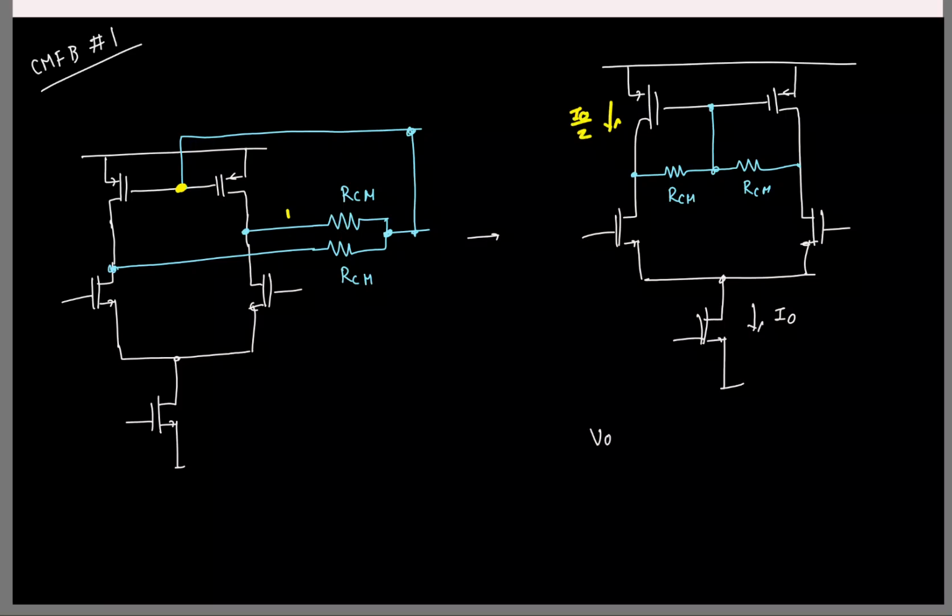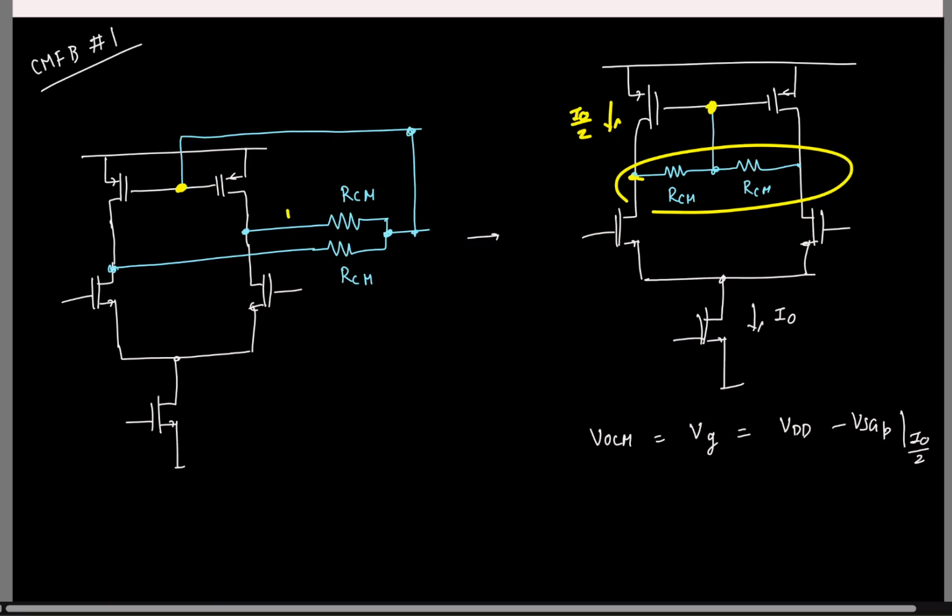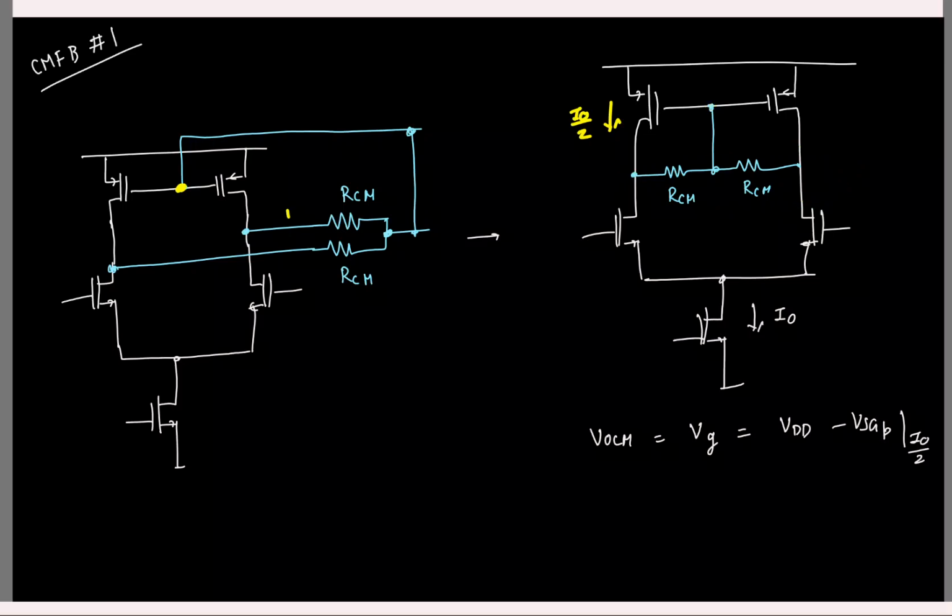Yeah, so basically my output common mode is also equal to the gate voltage here, VDD minus VSG of the PMOS, where I is the bias current, I not by 2. Again, here the output common mode is set by this gate voltage. That's what we saw, right? The drain voltage needs to be set by some gate voltage or by some negative feedback loop. Here it is a combination of the two. It is set by this negative feedback loop through the gate. That's all. Okay.